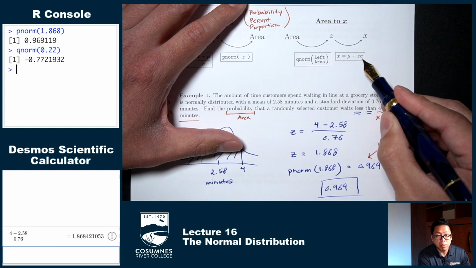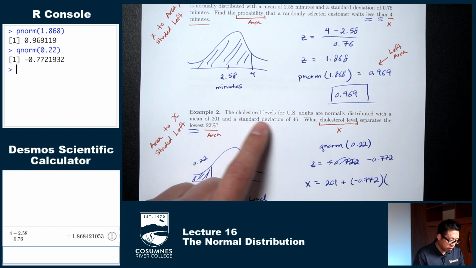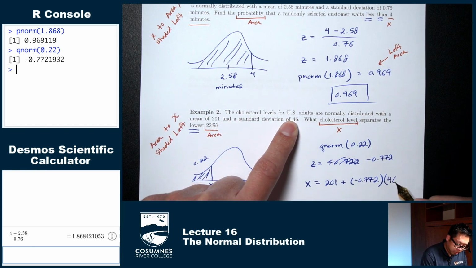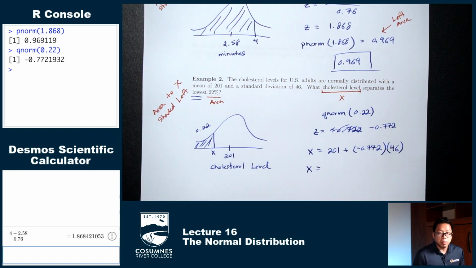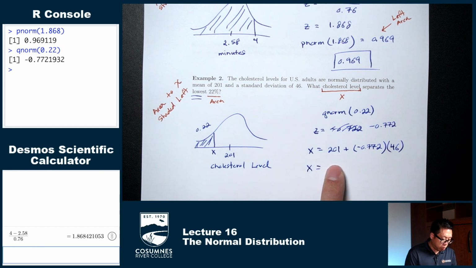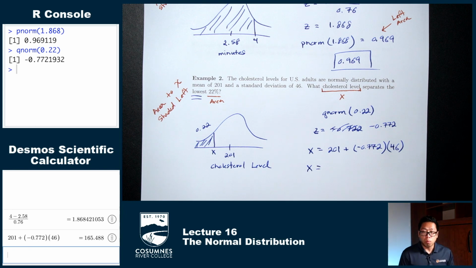Times sigma, which is the standard deviation. The standard deviation for this question was 46. Okay, so on a calculator, we'll just do 201 plus negative 0.772 times 46. That gives 165.488.